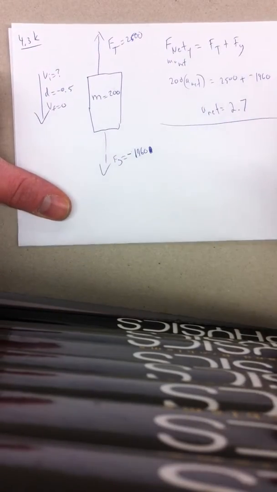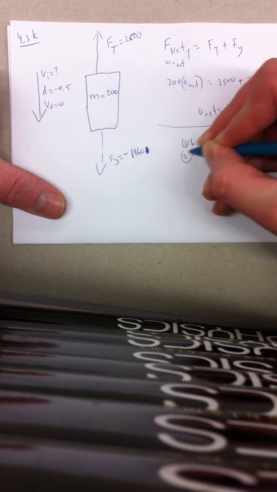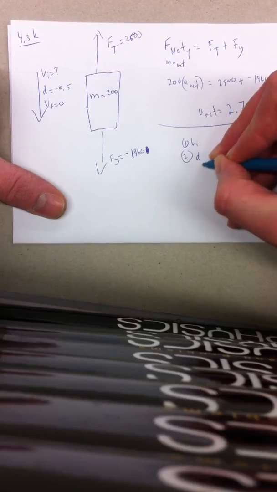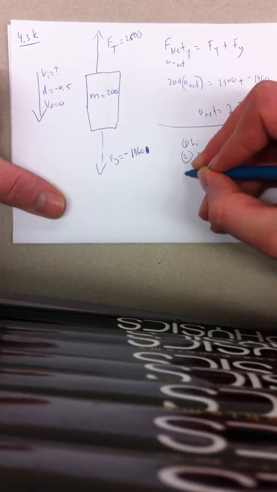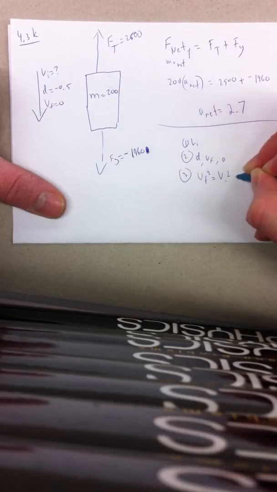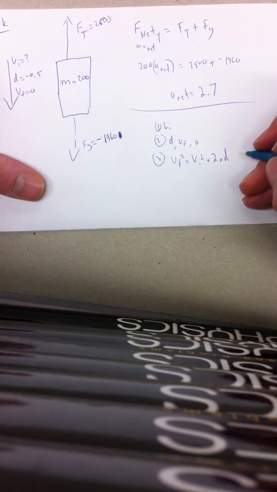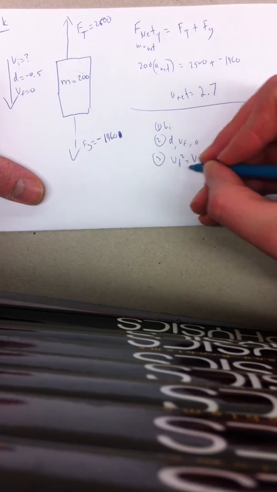Now to actually solve the problem, we need to solve for VI. Step 2, I have D, VF, and A. Step 3, I'm going to use VF squared equals VI squared plus 2AD. VF is equal to 0.